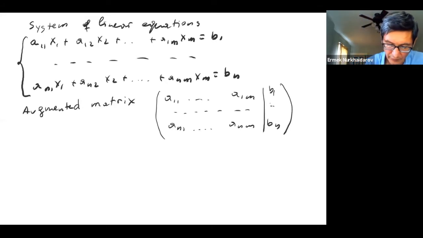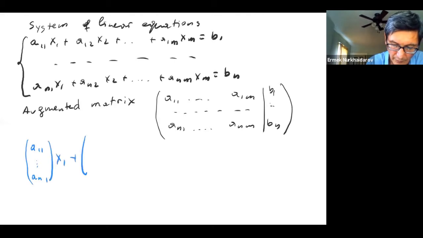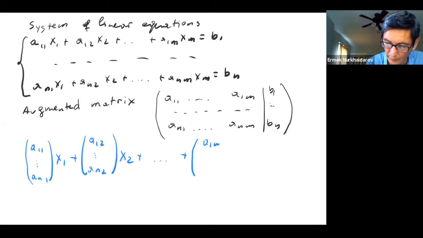The corresponding vector equation will look something like this: the vector a11 through an1 times x1 plus the vector a12 through an2 times x2 plus the vector a1m through anm times xm equals the vector b1 through bn.